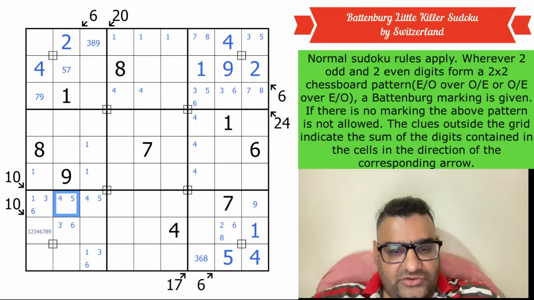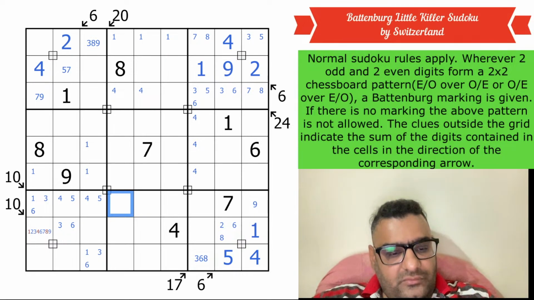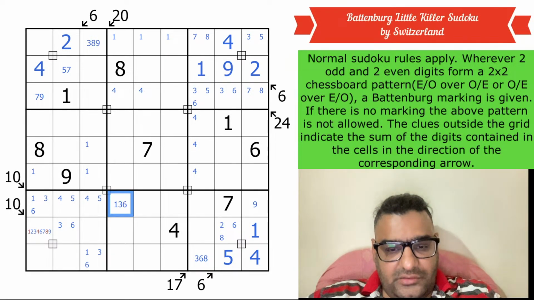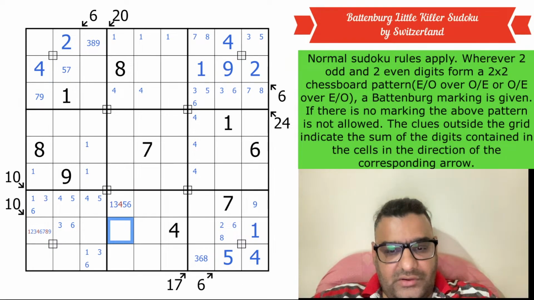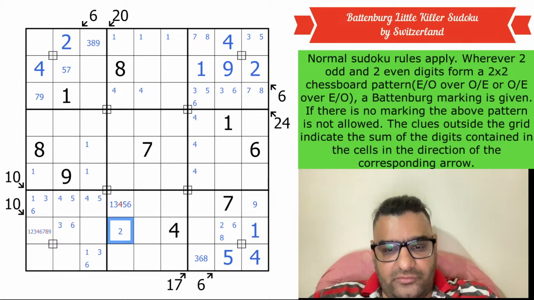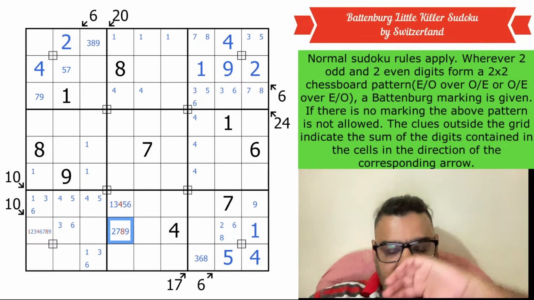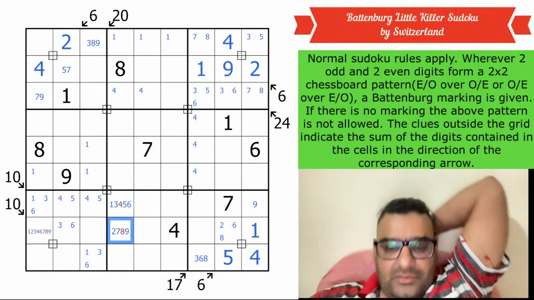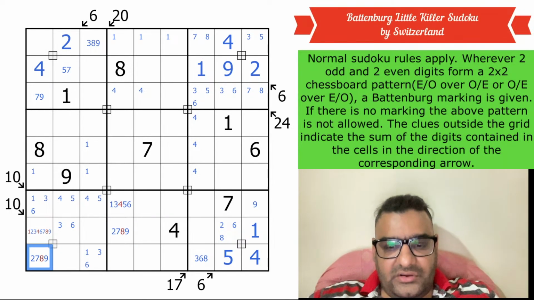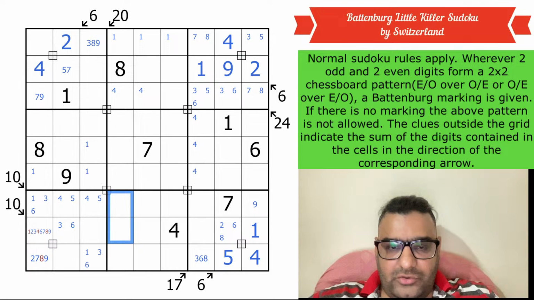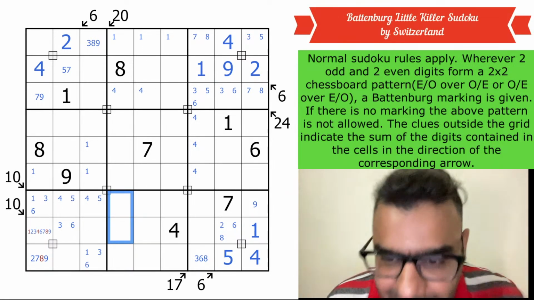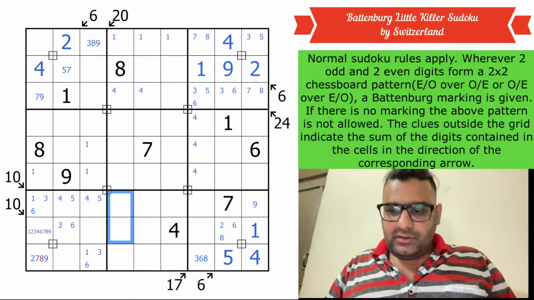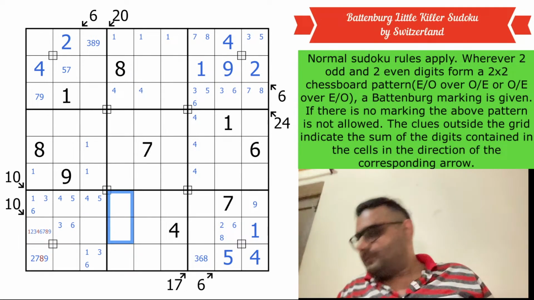So if we see clearly, we have 1 written, 3 written, 6 written, and 4, 5 written. How many are left? 2, 7, 8, 9 are still left from these two boxes. Am I doing right here?